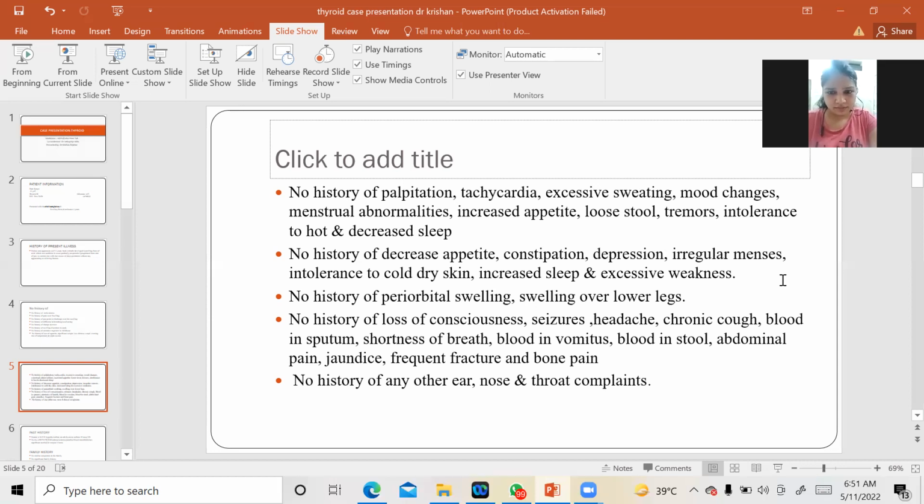This will help you to remember these, and plus this will give you a comprehensive idea of what all are the symptoms of hyperthyroidism as well as hypothyroidism. So instead of advocating for writing no history suggestive of hyper or hypo, I'll write no history of this, like that. But otherwise also it is correct, it depends on the examiner.